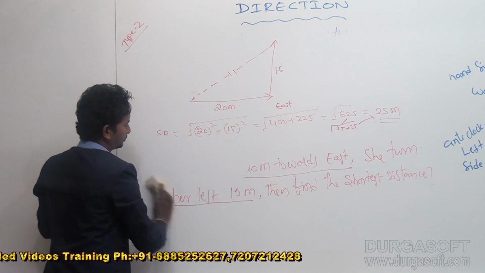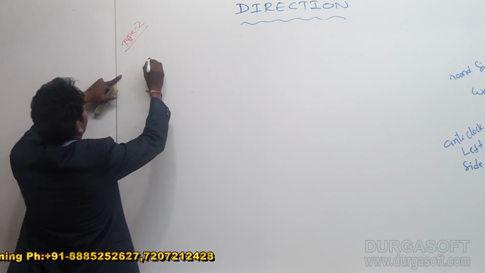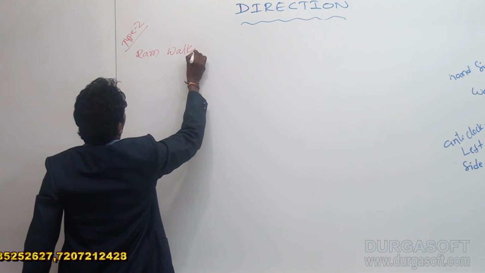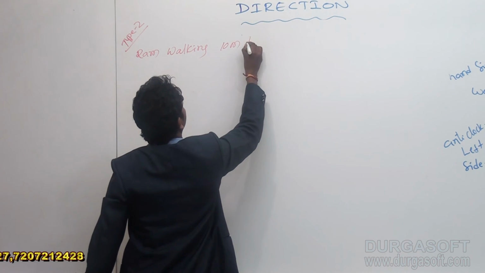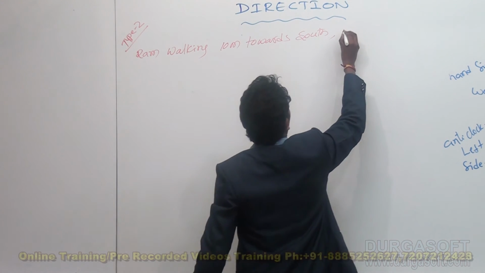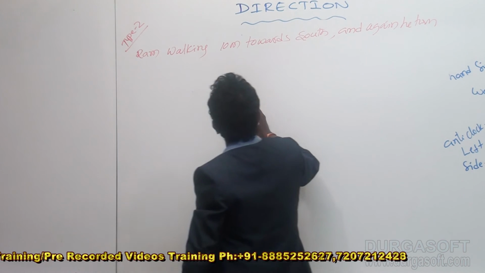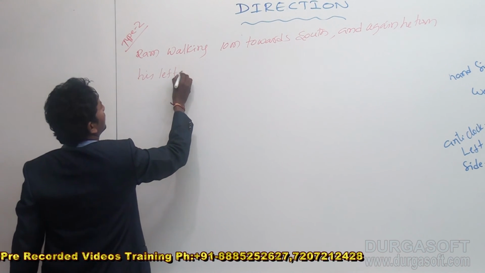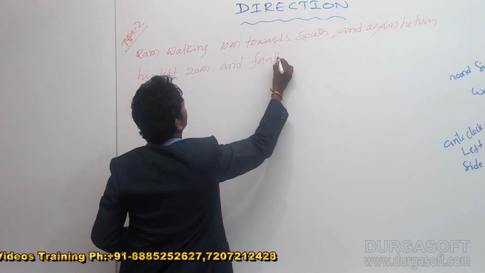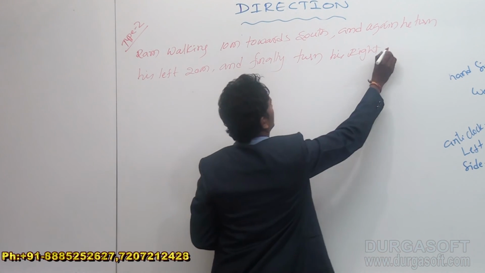Now see one more problem, type 2. Ram walks 10 meters towards the south, and again he turned left 20 meters, and finally turned right 30 meters.